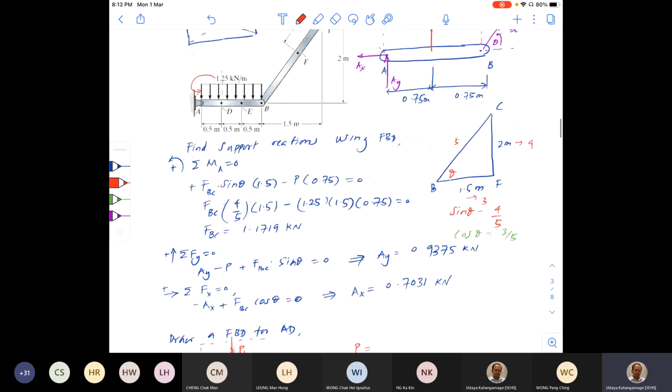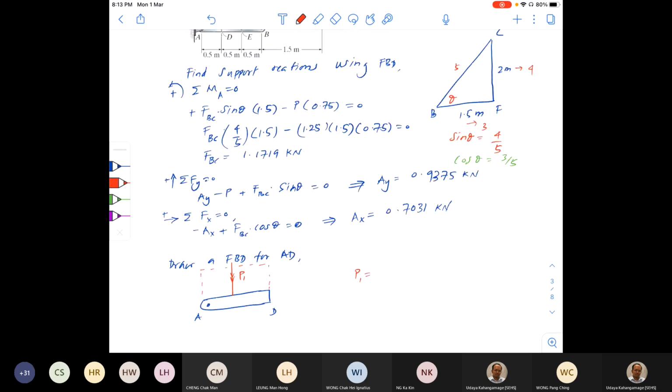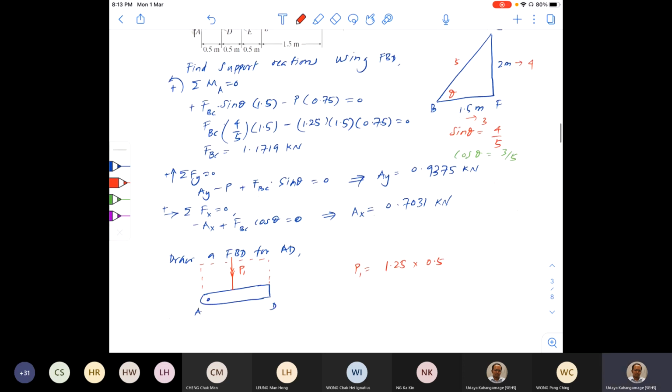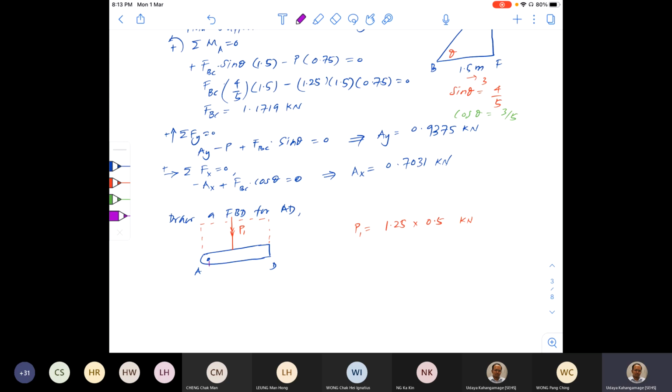Now its base is 0.5, right? So it is going to be 1.25 times 0.5, 0.625 kilonewton. So this is the P1. And then you mark your support reactions, AY and AX. So we already know the value of AX, AY.